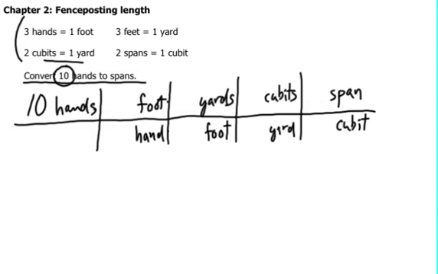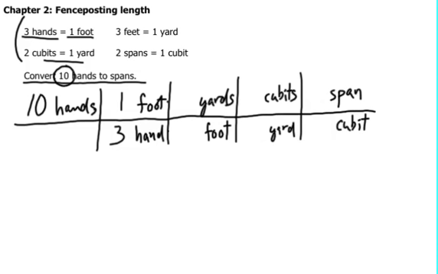So 1 foot, I'll put the 1 in front of the foot, and 3 hands, put the 3 in front of the hands. So with this method, it takes all the guesswork out of it. You never have to remember, oh, am I supposed to divide by 3 or multiply by 3? If you just remember this system, it's very hard to go wrong.